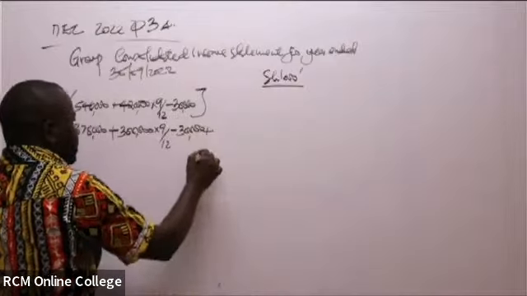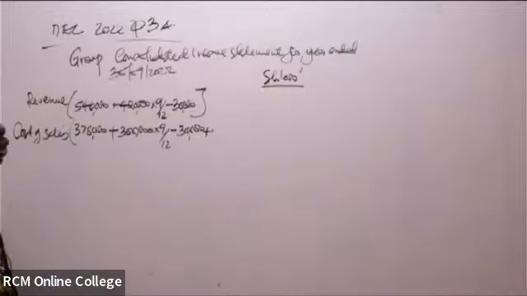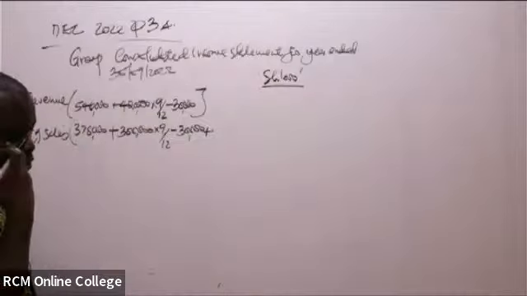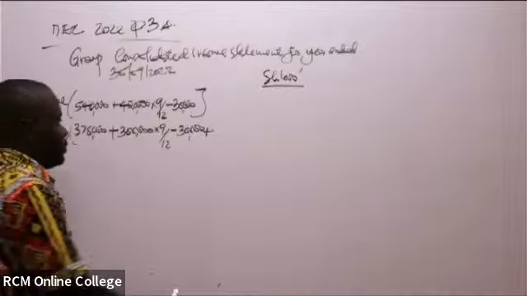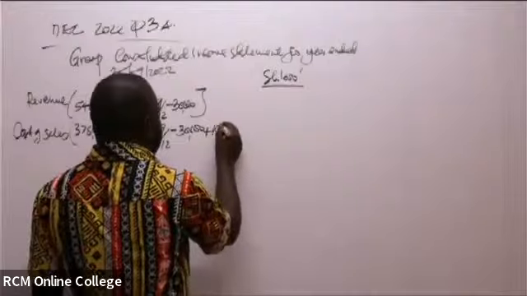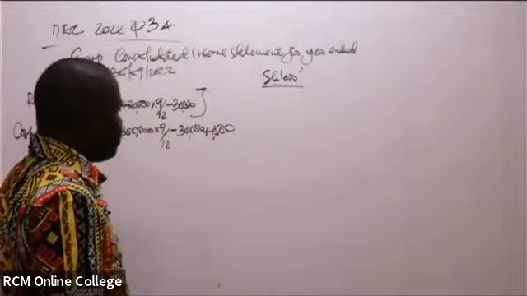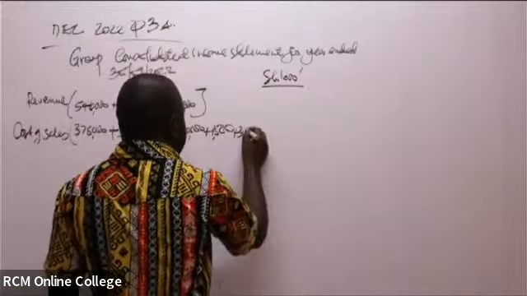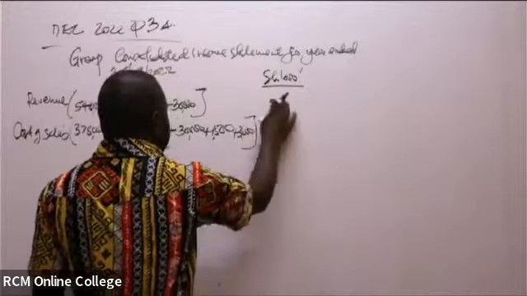Then the other adjustments you've made: the unrealized profit on the closing stock, which was 1,500. Depreciation undercharge was 3 million, so you added the 3 million. And of course, you should be able to get the figure there.